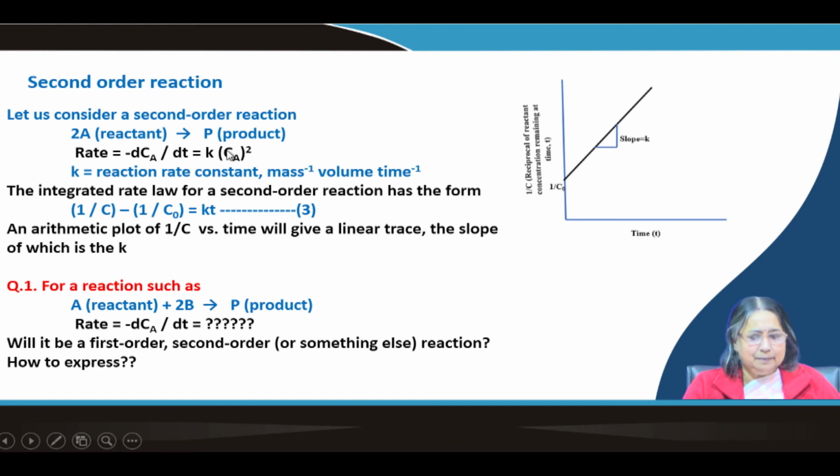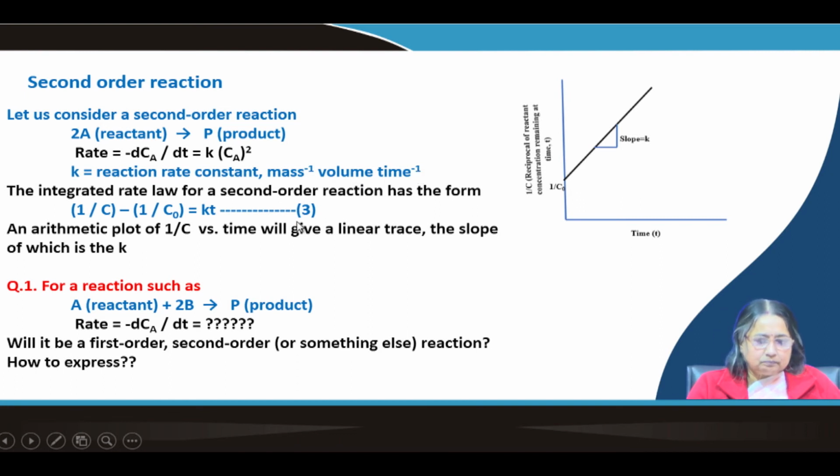You can easily develop it from that rate expression, because the rate is minus dC_A by dt. So, a concentration term here and another concentration term to the power 2. So, K will accordingly have this unit.